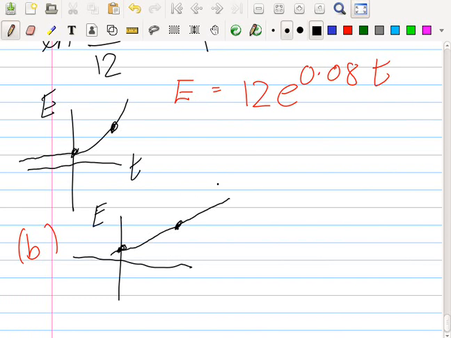Most of you are doing biology, so when you talk about bacteria and stuff that grows, do you think it grows in a linear manner or in an exponential manner? Exponential, yeah? It'll grow very quickly if it has food and energy and resources.